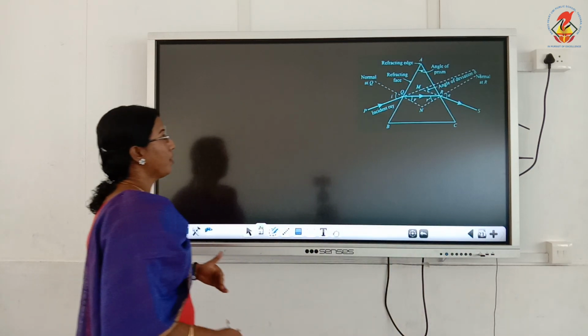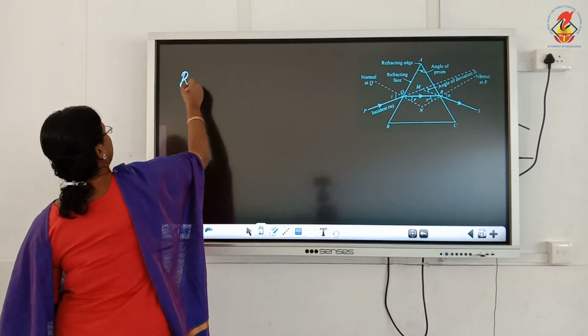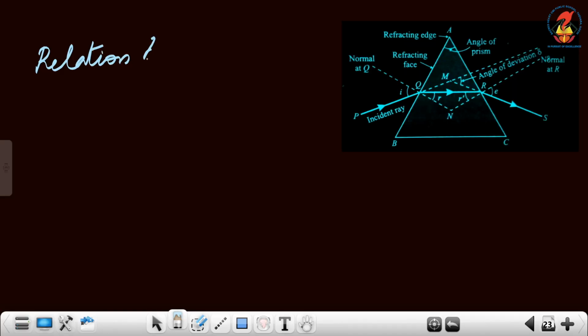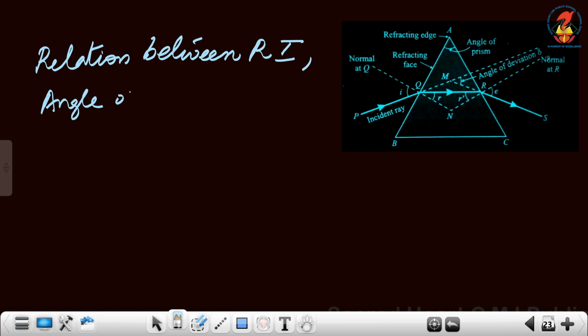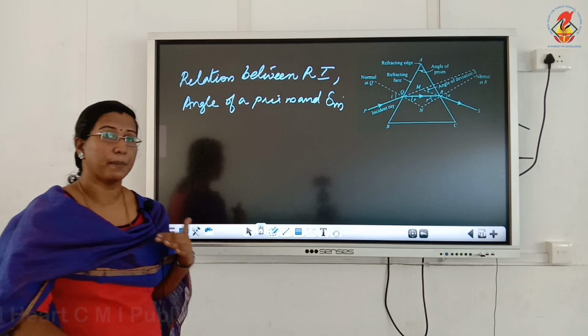Next, we are going to find out the relation between refractive index, angle of a prism, and angle of minimum deviation. Not angle of deviation, it is the angle of minimum deviation.